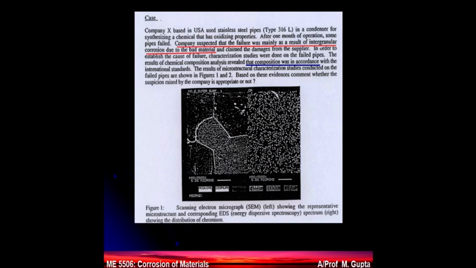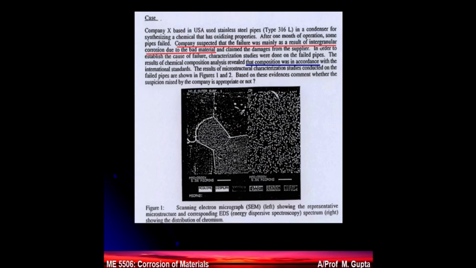And the failure was in the welded area. So the company using these condenser assemblies suspected that the failure was mainly a result of intergranular corrosion due to bad material.